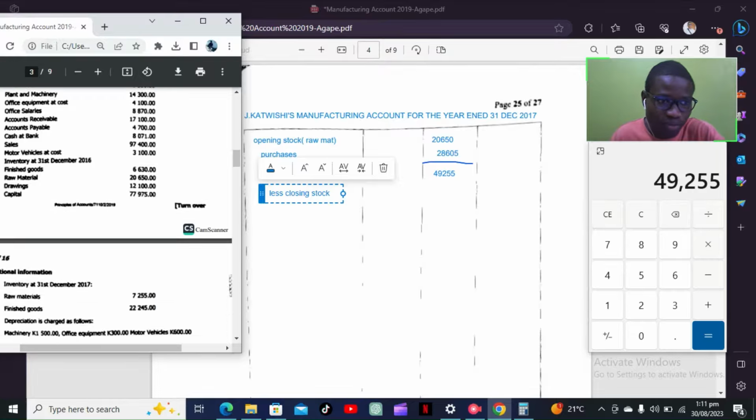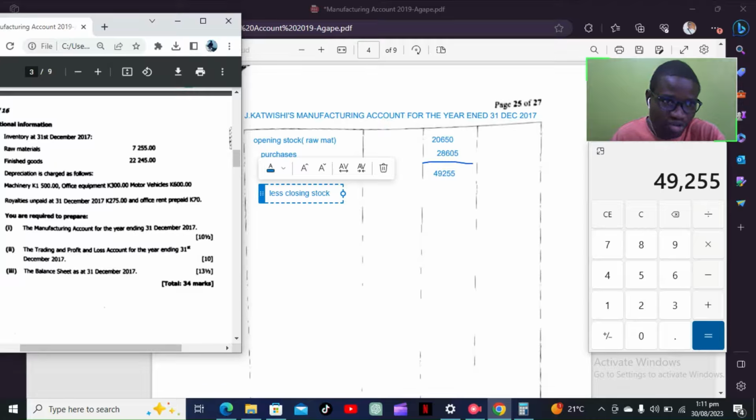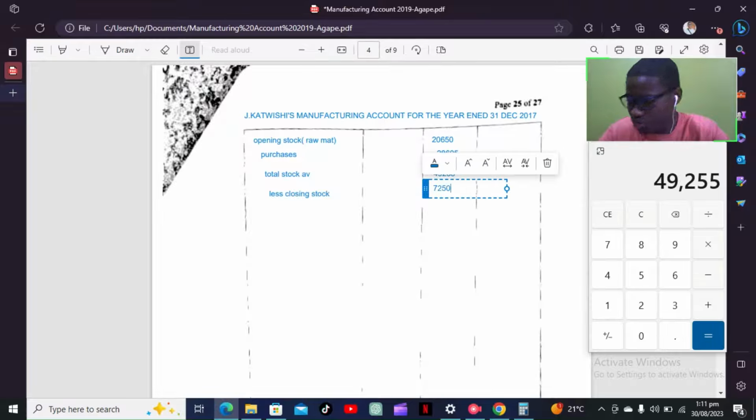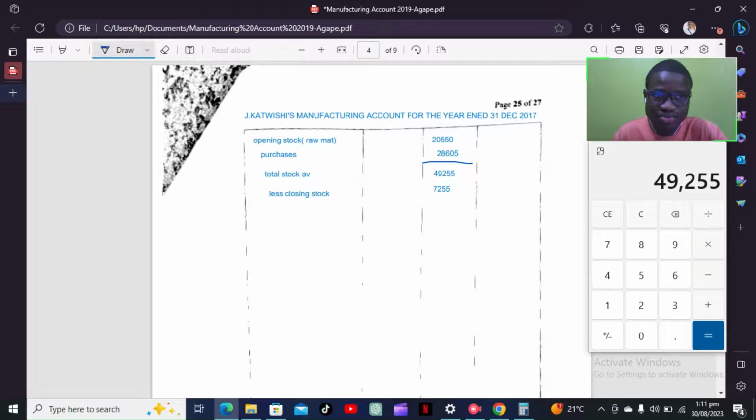The closing stock for raw materials was provided here. It was 7,255.